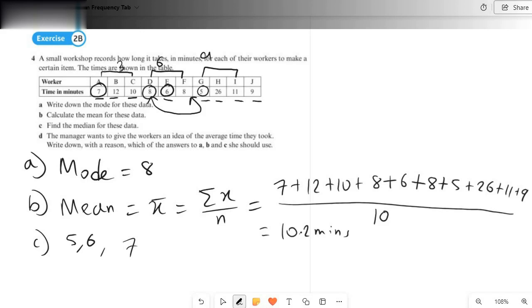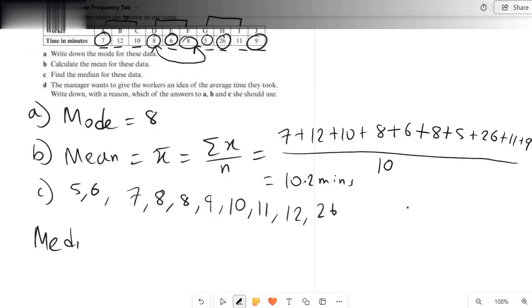Then we have two 8s, which is 8, 8. Then we have 9, 10, 11, and 12, which occur once. And finally, we have 26. So this is the rearranged version in ascending order.